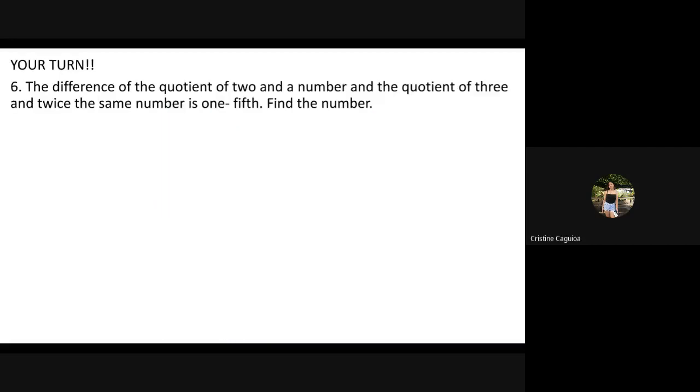Okay. The difference of the quotient of 2 and a number and the quotient of 3 and twice the same number is 1/5. Find the number. You have to represent the number as any variable. Go.